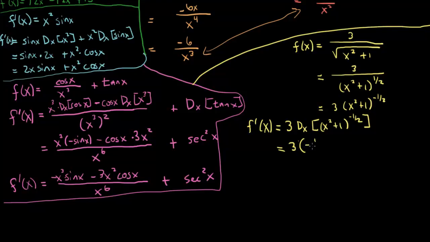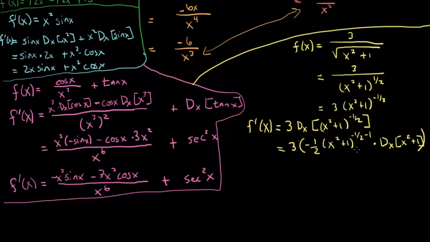So the power rule says bring the original power out front, multiply by, in this case, our inside function, raise it to the n minus 1 power, so negative 1/2 minus 1 power. But here's where the chain rule kicks in for the generalized power rule, which says we have to multiply by the derivative of the inside function, which is x squared plus 1.